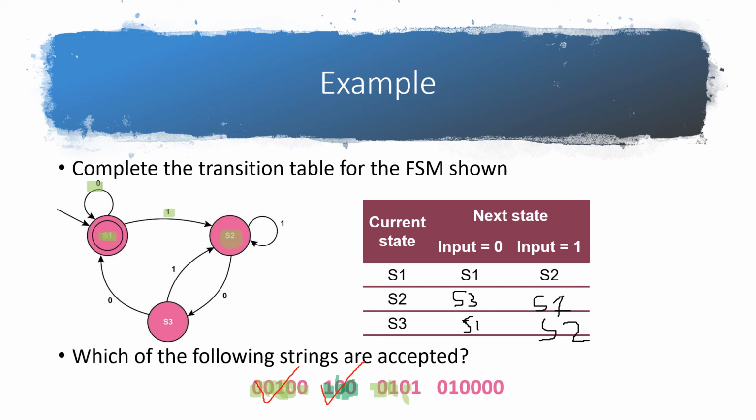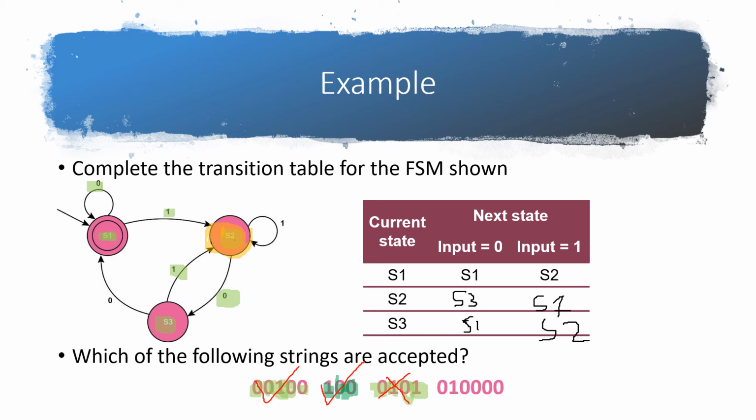So the next 0 there is going to use this transition, and we're going to end up on S3. And then this final one here is going to use this transition here, and we are going to still be on S2. We're going to be on S2, right? And we've got no more input. Right. So one of the things that we can say for certain then is that this one is not correct. That one is definitely incorrect.